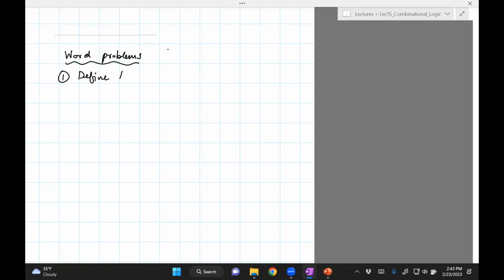Define the problem. Second, write quasi-logic statements. Then we'll write Boolean expressions.